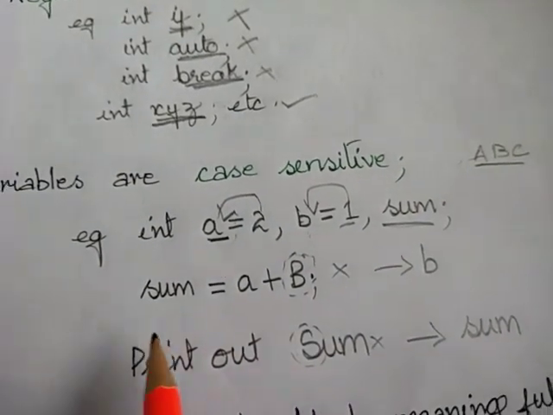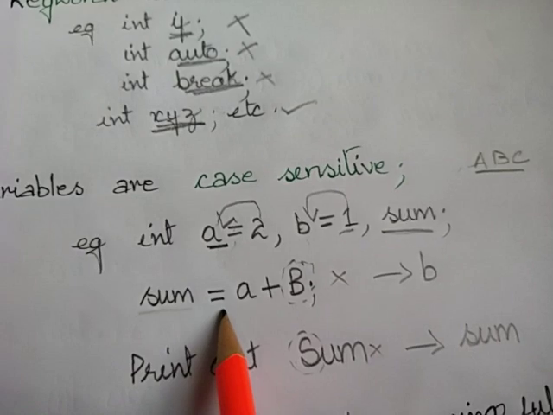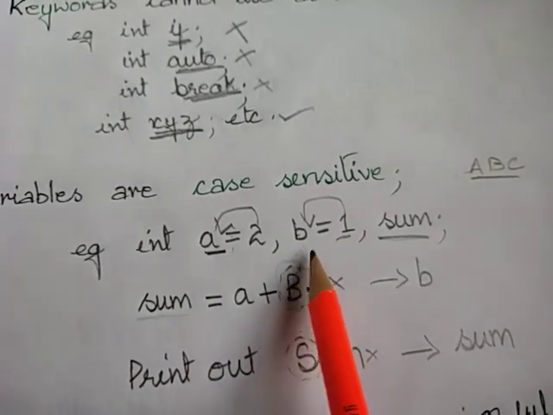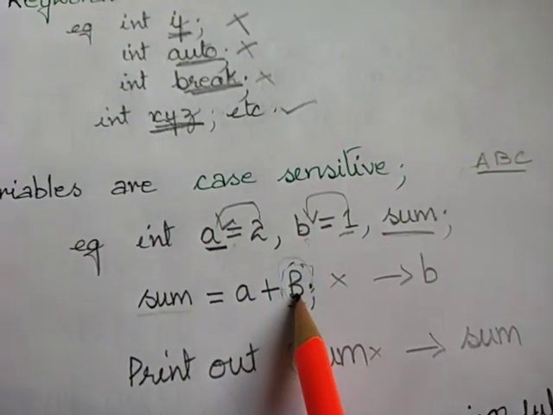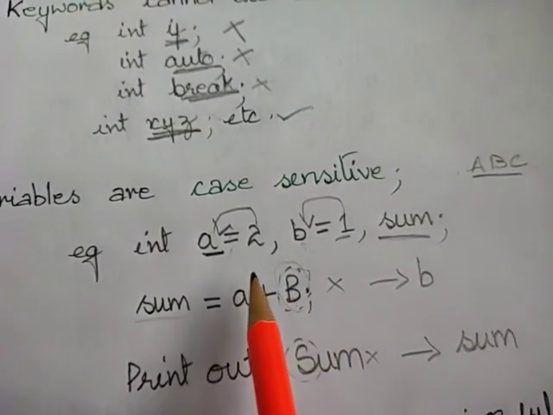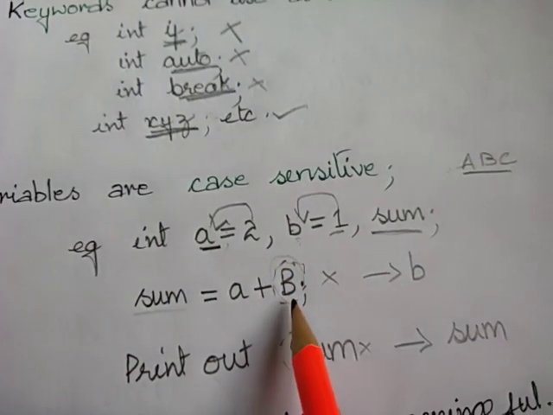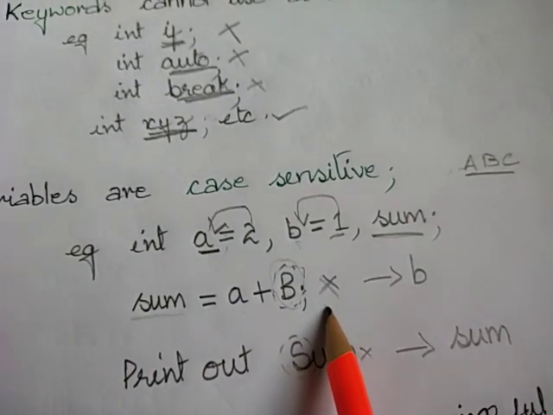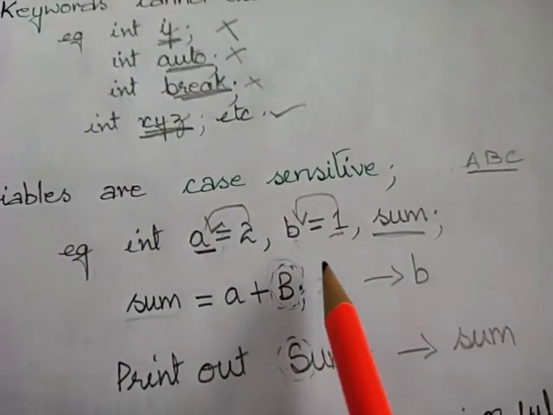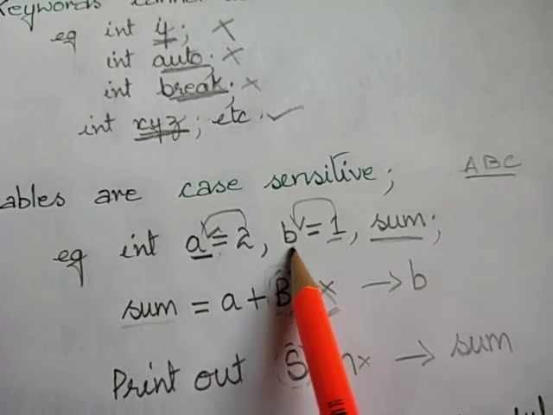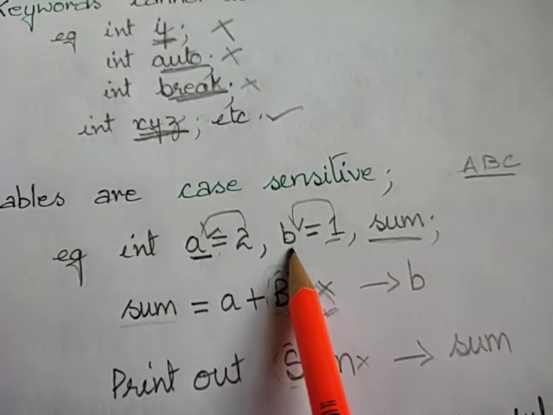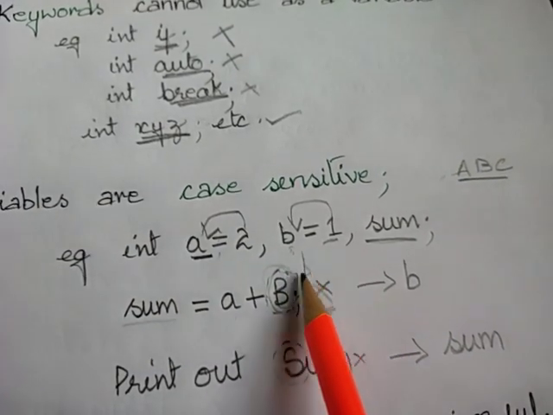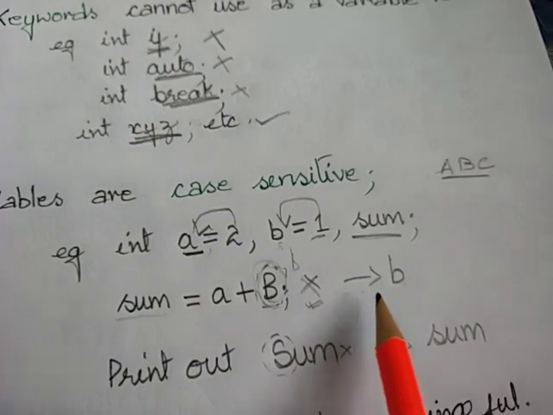Then in my variable sum, I calculate the value A plus B. You will see over here, instead of writing a small letter, I'm using a capital letter B. Since variable names are case sensitive, this expression is wrong. It will give you an error. Therefore, you have to correct it. When you declare a variable name in small letters, the variable name here should be in small letters.